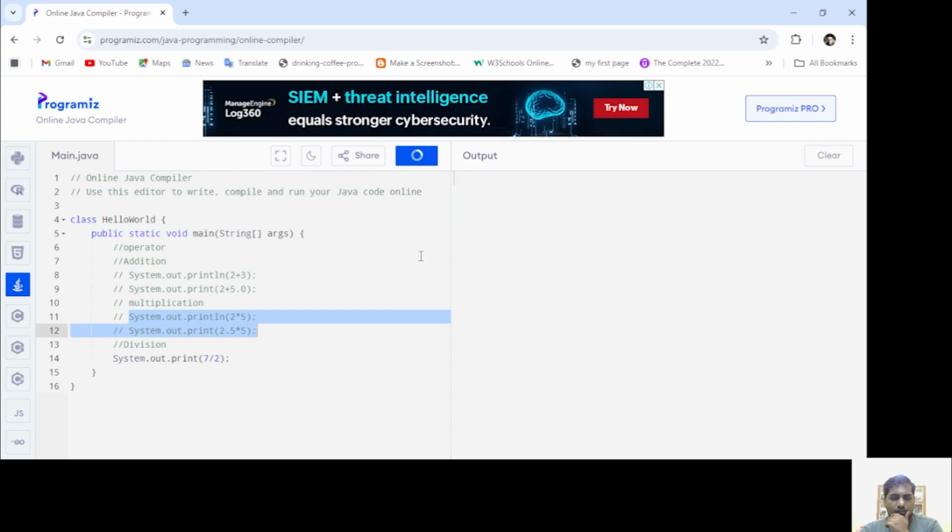Okay, I ran this code. See, in the execution it gives only 3, but the actual answer is 3.5.